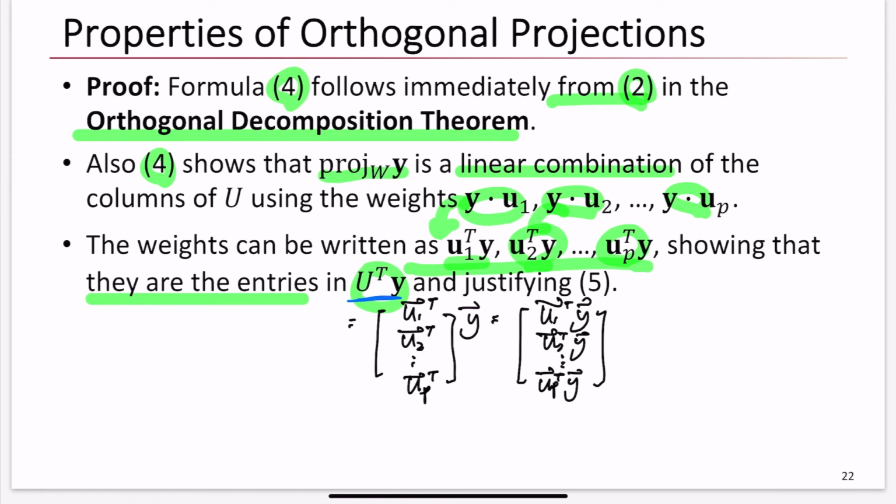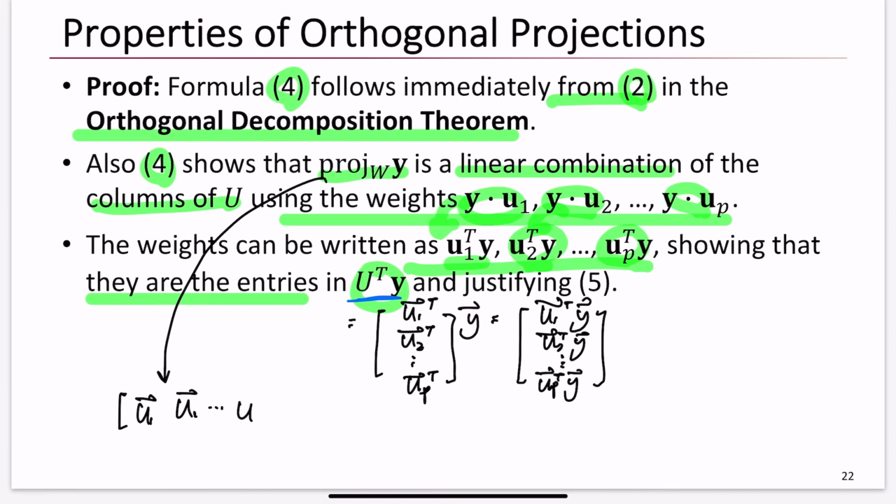It was the coefficient. Then you can rewrite this, because it was a linear combination of the columns of U using the weights of this one. So it's going to be U1, U2, UP times this one.